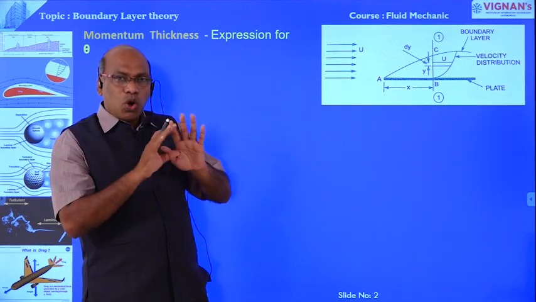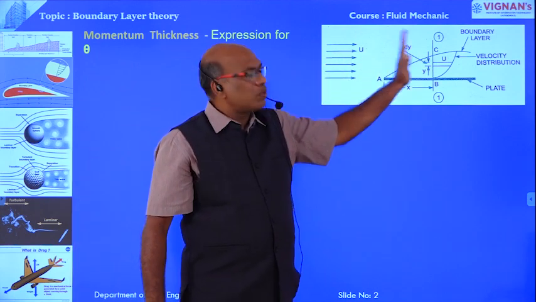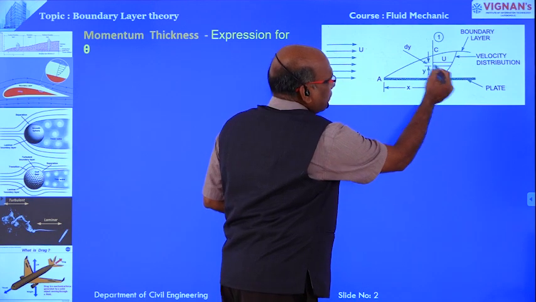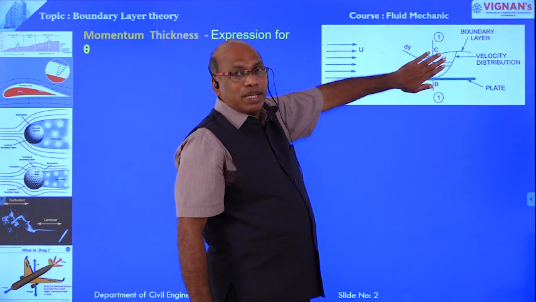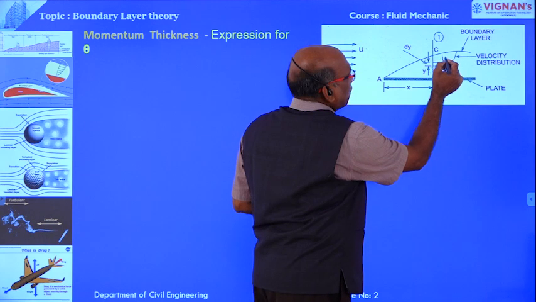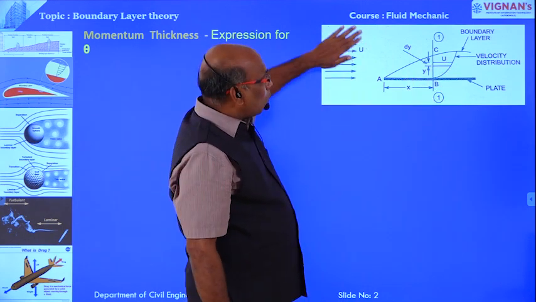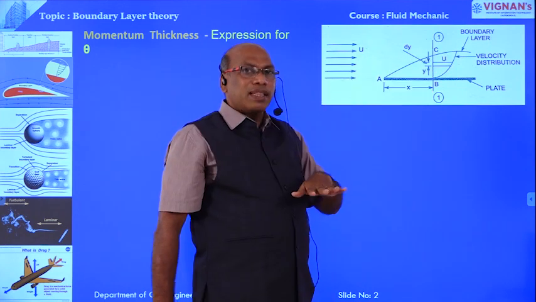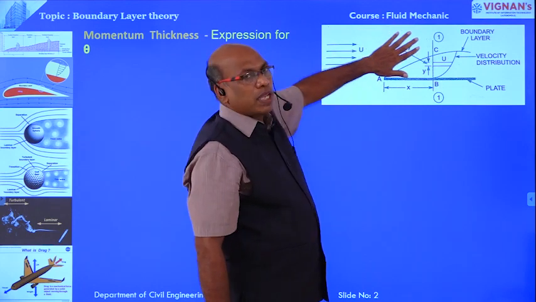If there is no boundary layer, the free stream velocity will continue over the small strip with velocity capital U. Because of the boundary layer, the velocity over the strip is only small u. So the momentum of the flowing fluid with the boundary layer is less than the momentum without the boundary layer.